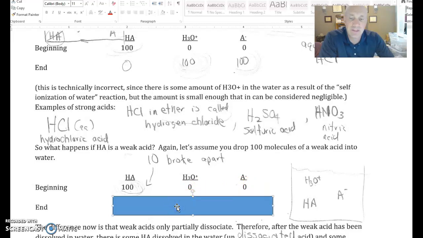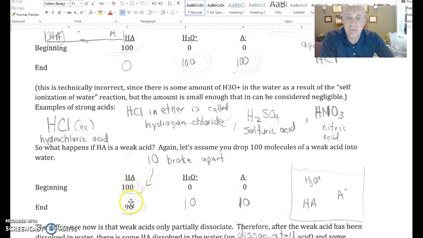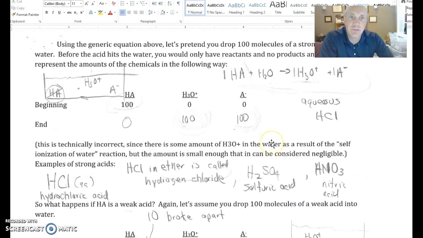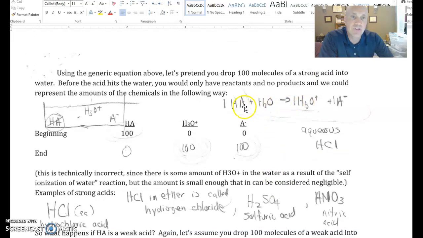But what are you going to have at the end? What it means to partially dissociate is that some of the molecules break apart. So say 10% of the HA molecules will undergo this reaction, but 90% of them are just going to ignore the water and stay, like no reaction occurs.